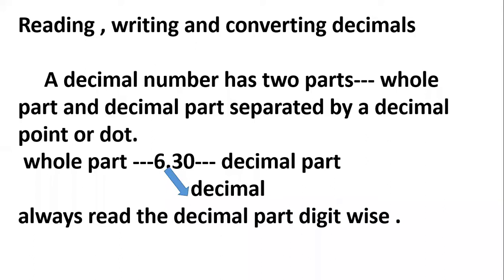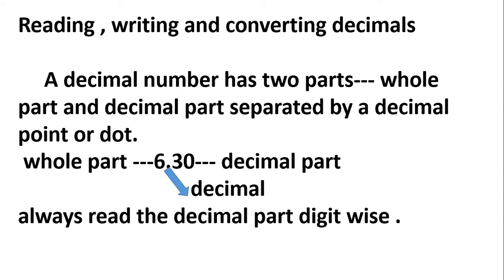Should we write this? No, no, no, don't write. This is the information on how we have to pronounce. If you look at this 6.30, generally students will read this as 6.30, but that is not correct.